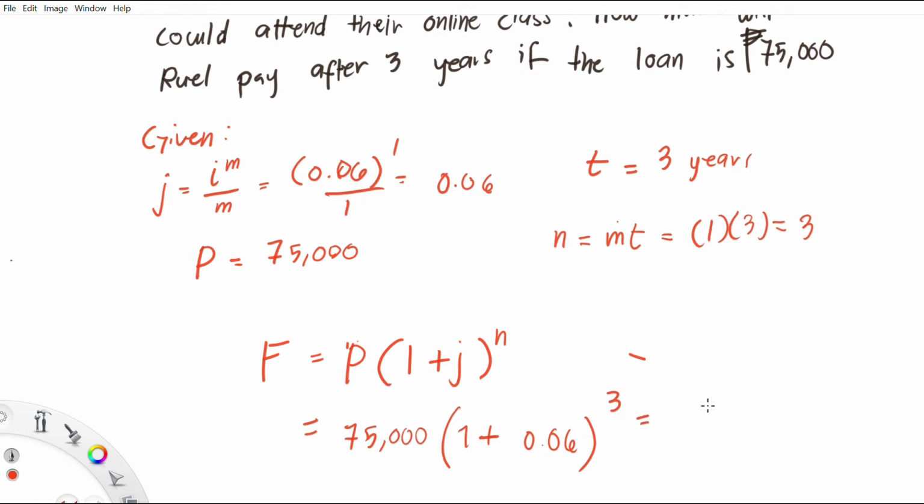Let your calculators do the work, and then we have 89,326.2 pesos. Ruel will pay about 89,329 pesos after 3 years if he loans 75,000 pesos.